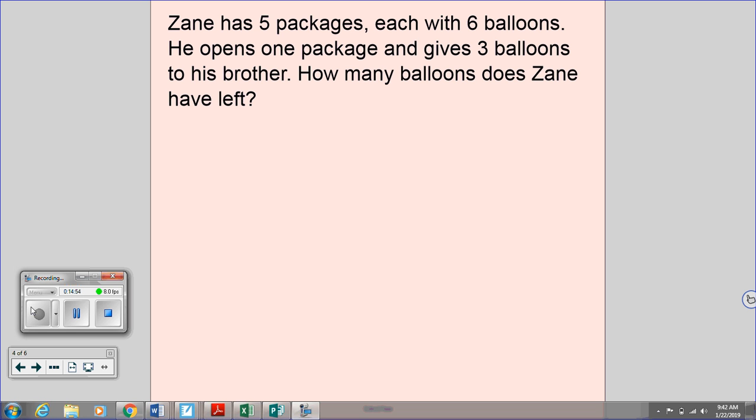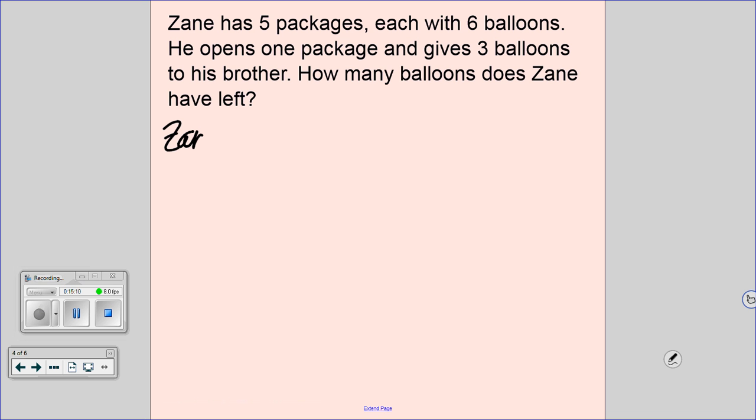Madeline, what am I counting? I am counting balloons. What kind of answer sentence could I have written? Josh, what kind of answer sentence could I have written? Zane has blank balloons.